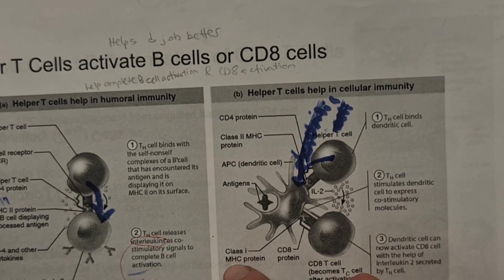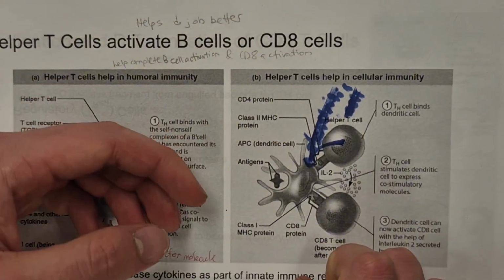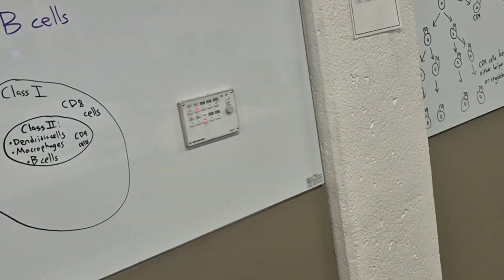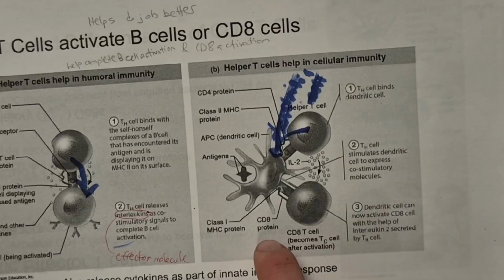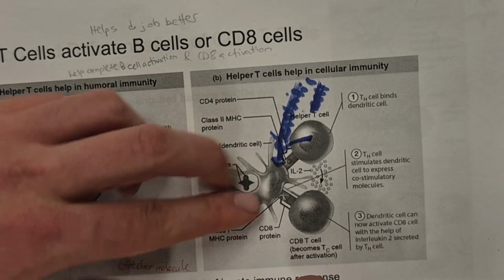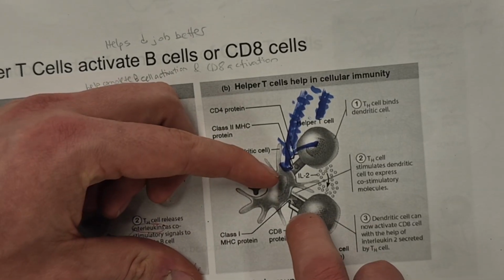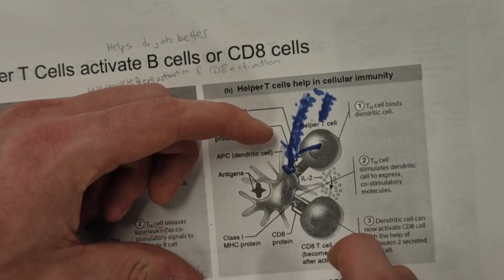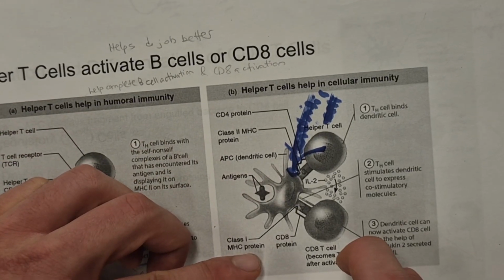when you bind to the CD8 cell, because the dendritic cell has class 1 MHC protein on it as well, because remember, anything that has class 1 has to have class 2 as well. So you have both. You have an MHC2 protein and you have an MHC1 protein on your dendritic cell. So when the CD8 cell binds to the dendritic cell, it binds to the class 1 MHC protein.